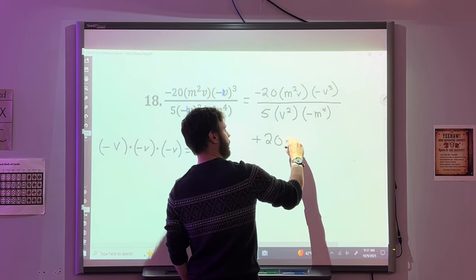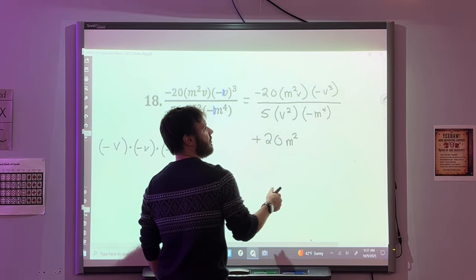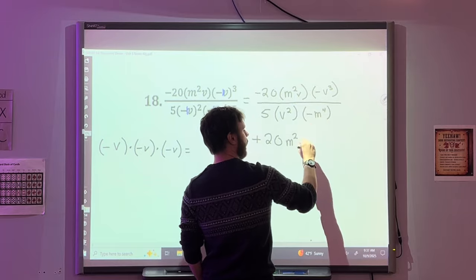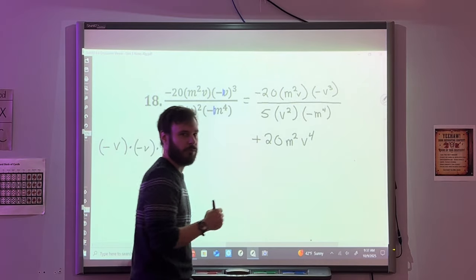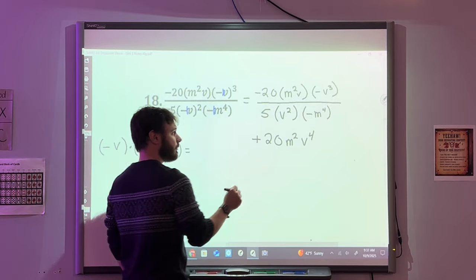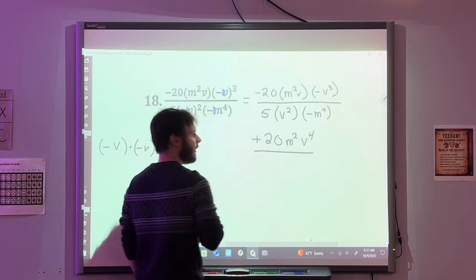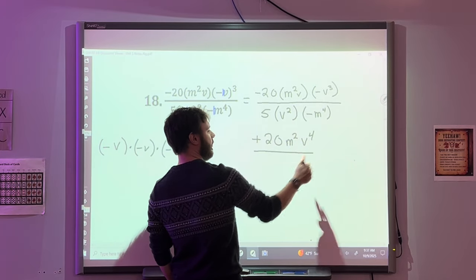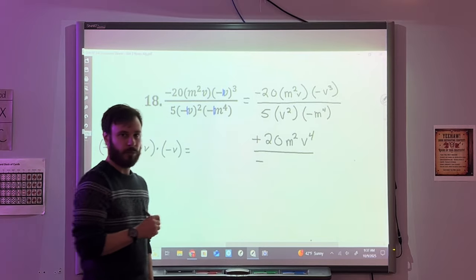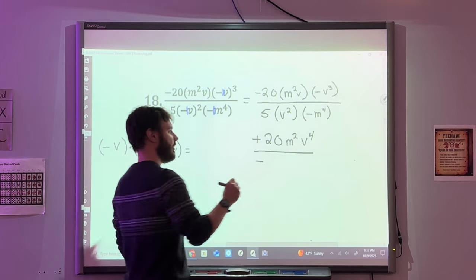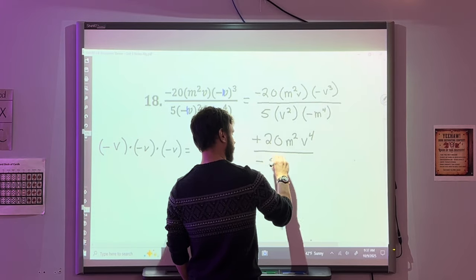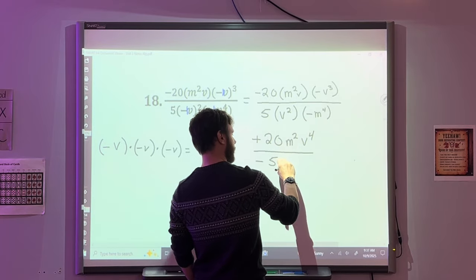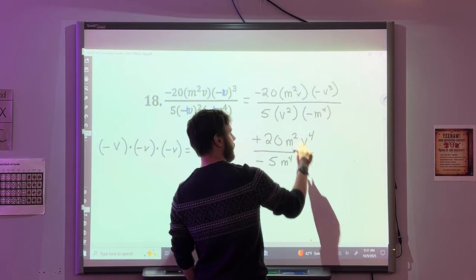I see 2 m's, and I see 1 v and 3 more for a total of 4 v's on the top. In my denominator, I see a positive, a negative. So my denominator will be negative. I see a 5. I see 4 m's, and I see 2 v's.